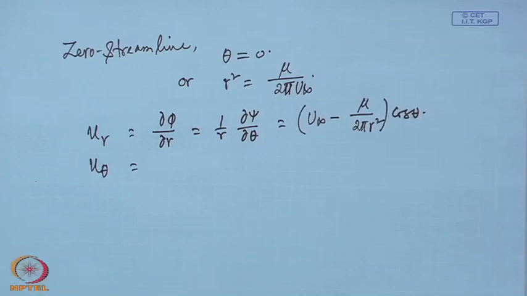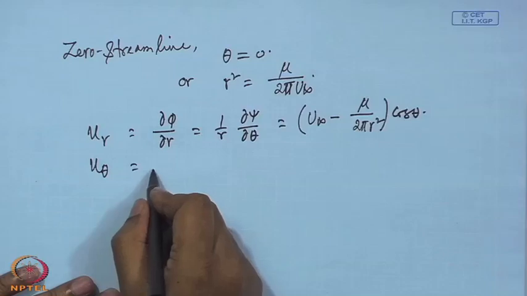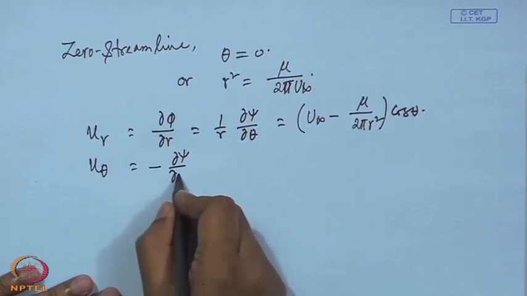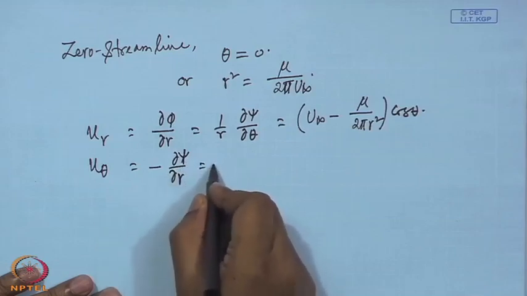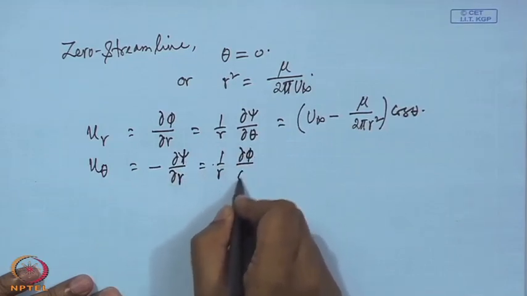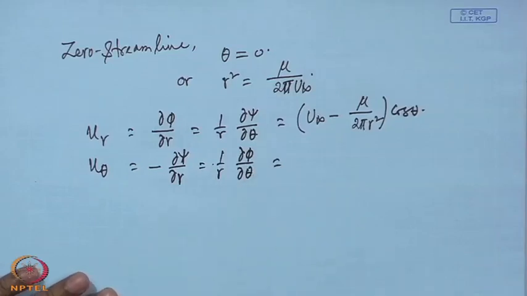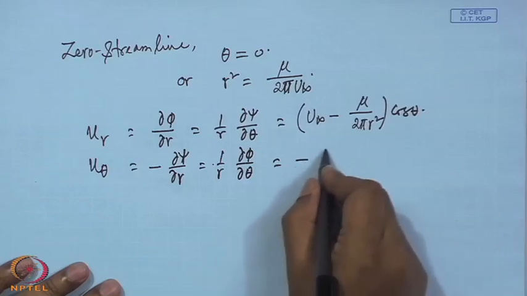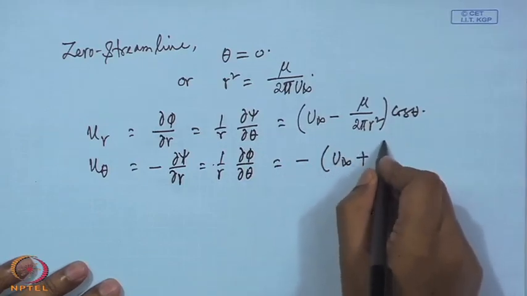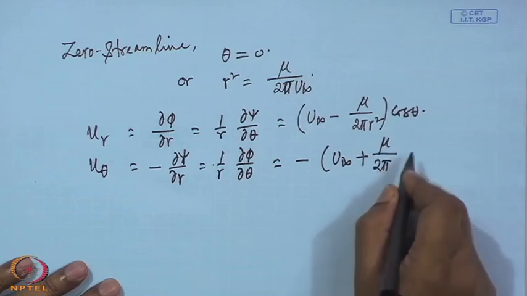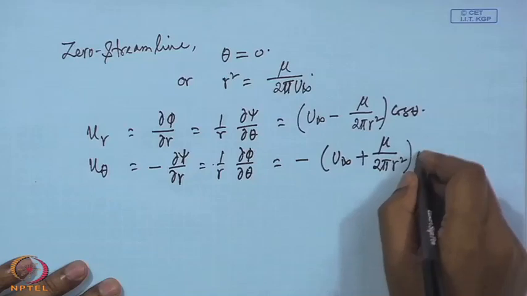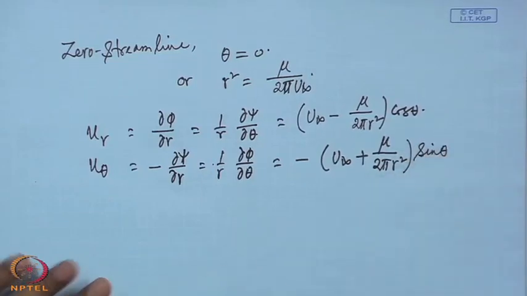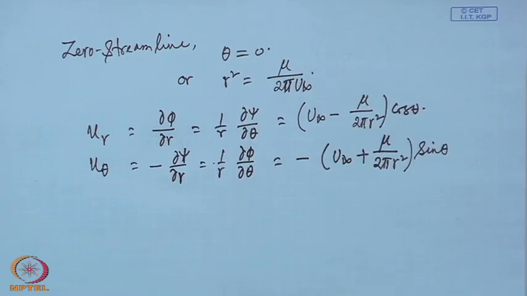And similarly u theta. So, is the normal component of velocity 0 on that circle?